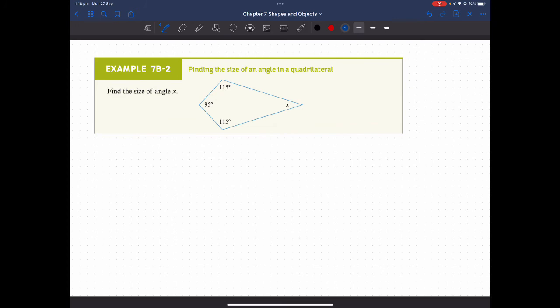In this example, it says find the size of angle X. So what you have to remember is the four angles in a quadrilateral add up to equal 360 degrees. So that is our thinking.